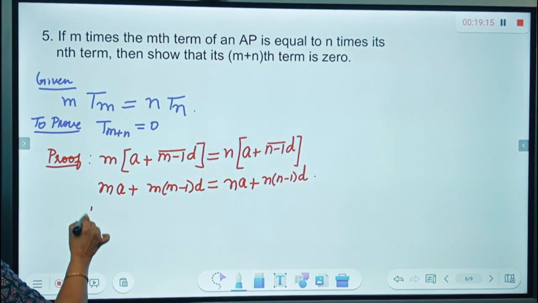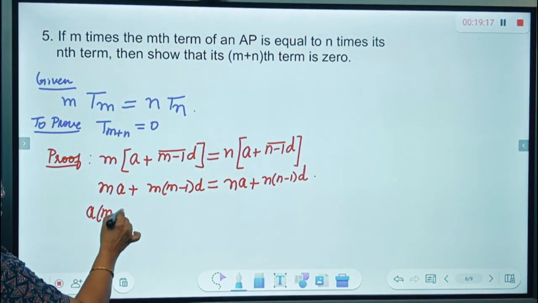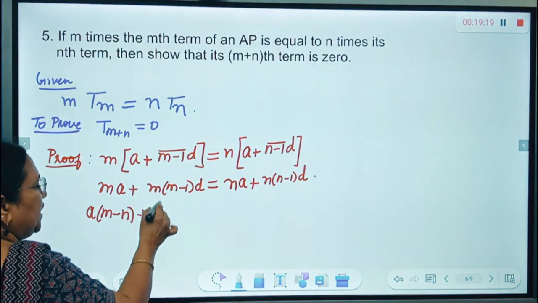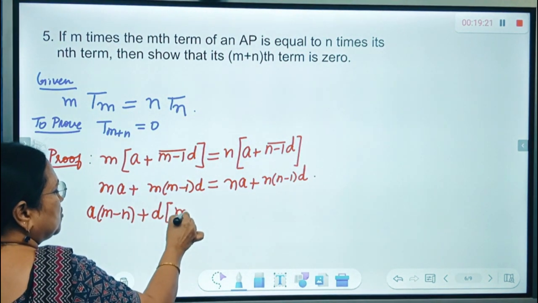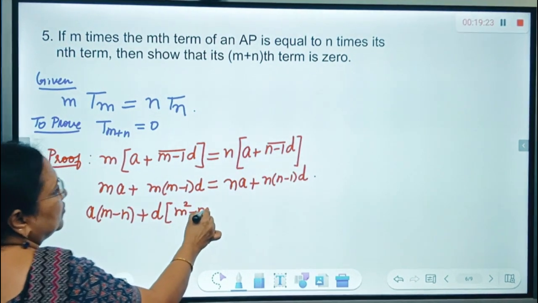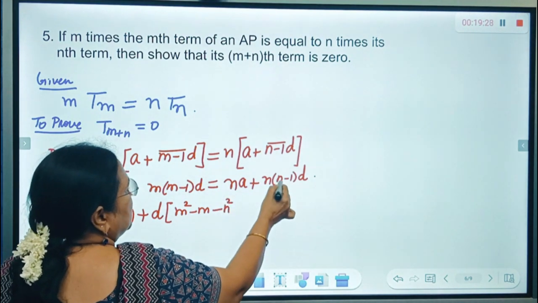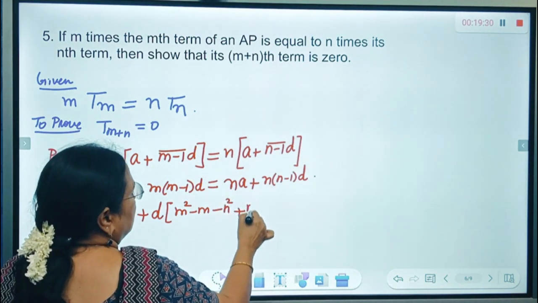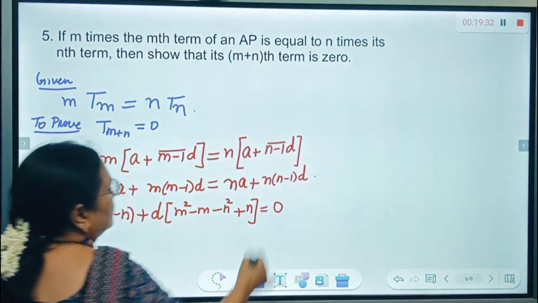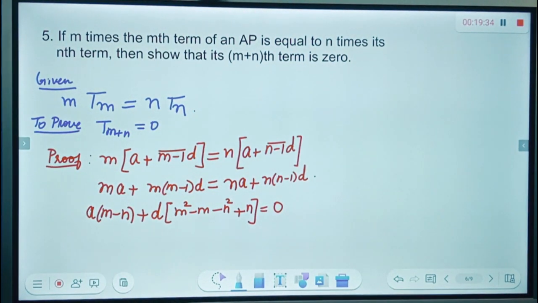So if I take a common, I will get m minus n, plus d into m square minus m. When I bring it here, I will get minus n square, and minus n. If I bring it here, I will get plus n equal to 0. I just collected the common terms.